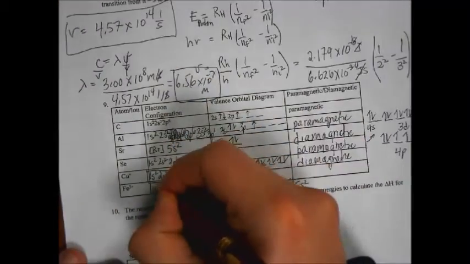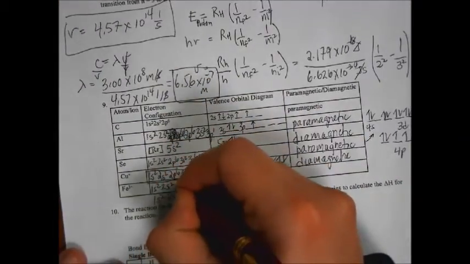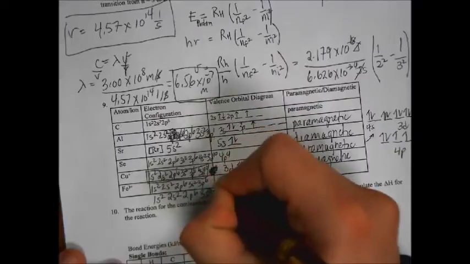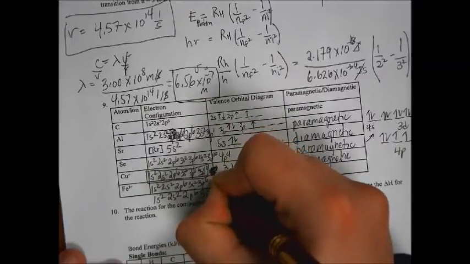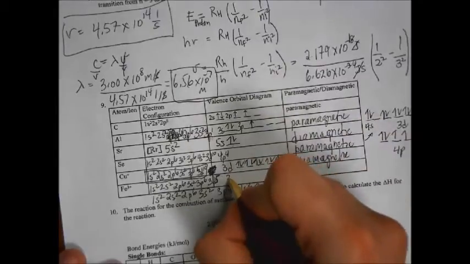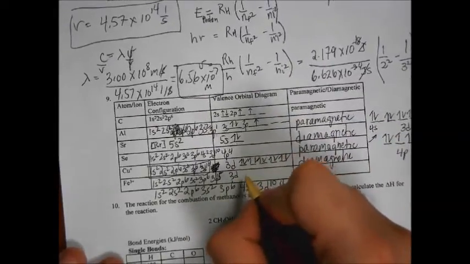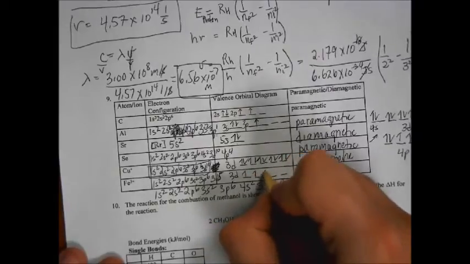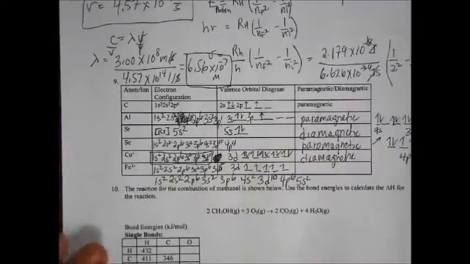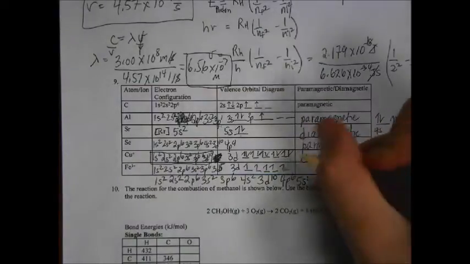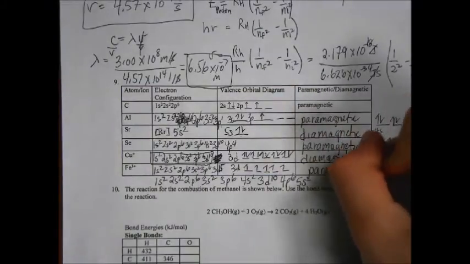So when we write this, this is going to be 1s2, 2s2, 2p6, 3s2, 3p6, and then this is going to be 3d5. Okay? And here we're going to have the 3d, and then we put our 5 electrons in, following Hund's rule. We see we have 5 unpaired electrons, so this guy is going to be paramagnetic.